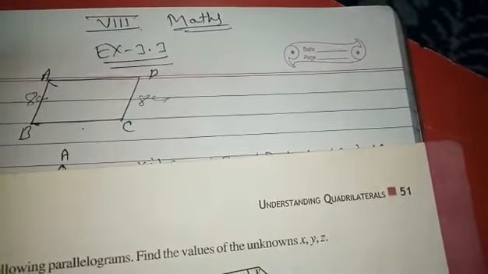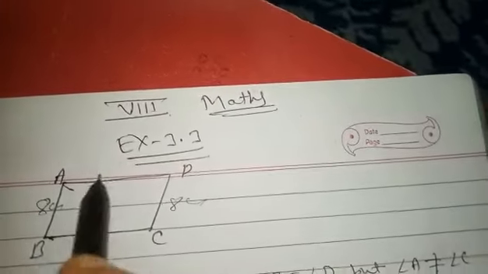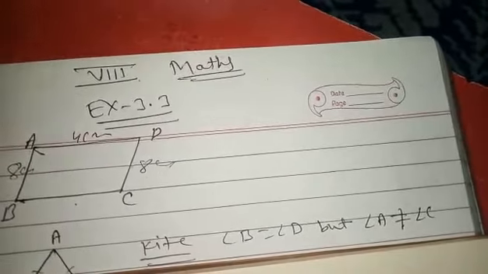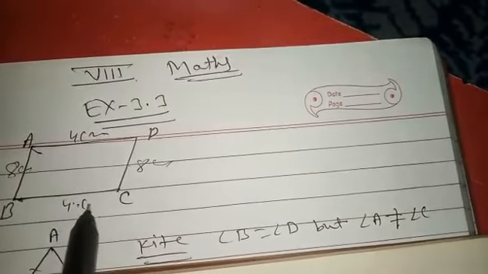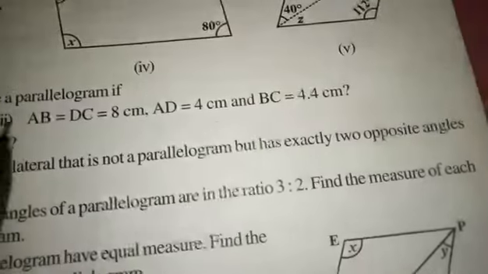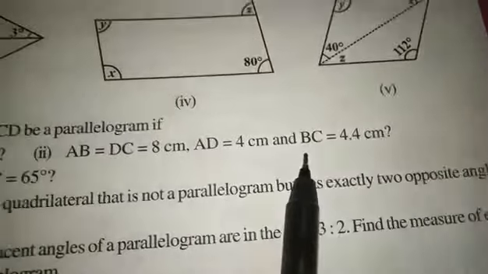Both are equal, but AD is 4 centimeter and BC is 4.4 centimeter. We know that the opposite sides of parallelogram are equal. So this side equal to this side is right, but other two opposite sides are not equal. So this condition will not follow.